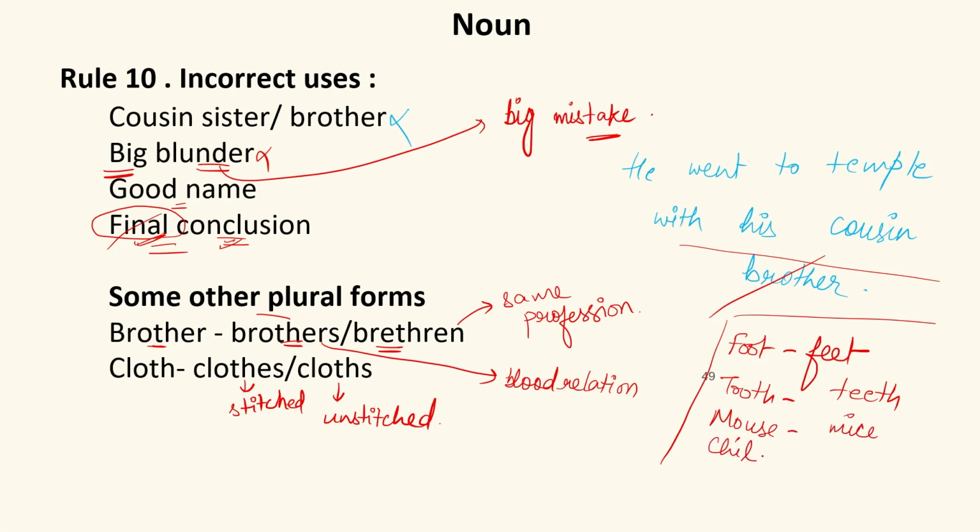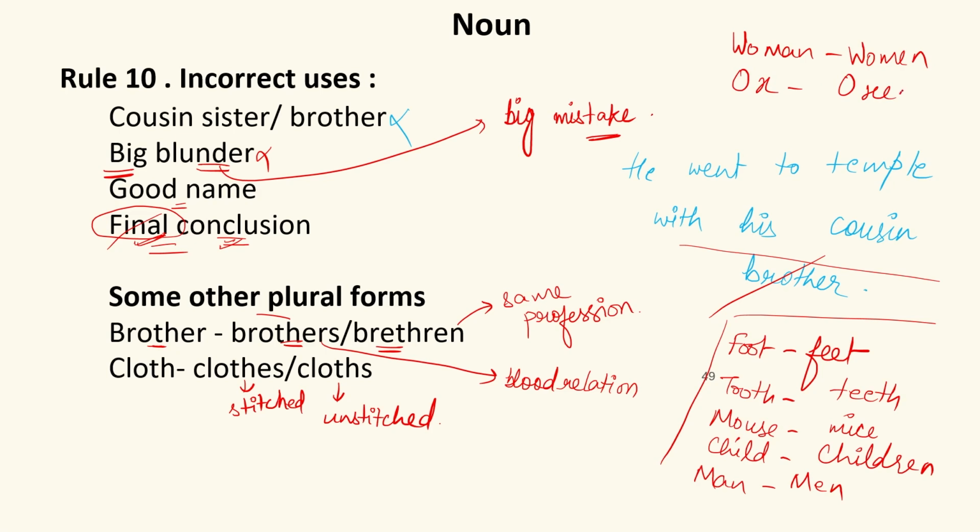The plural of child is children. The plural of man is men, M-E-N, men. The plural of woman is women. The plural of ox is oxen.